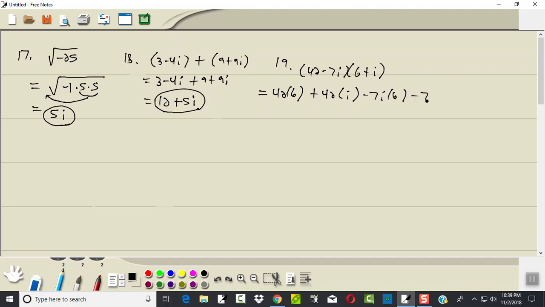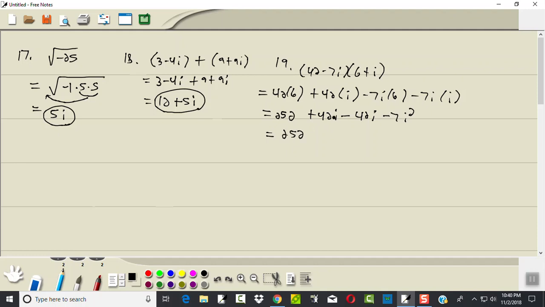And our last items, negative 7i times i. Let's see. 12, 2, carry the 1, 24, 252. Plus 42i minus, that seems to come out too nice, 42i minus 7i squared.